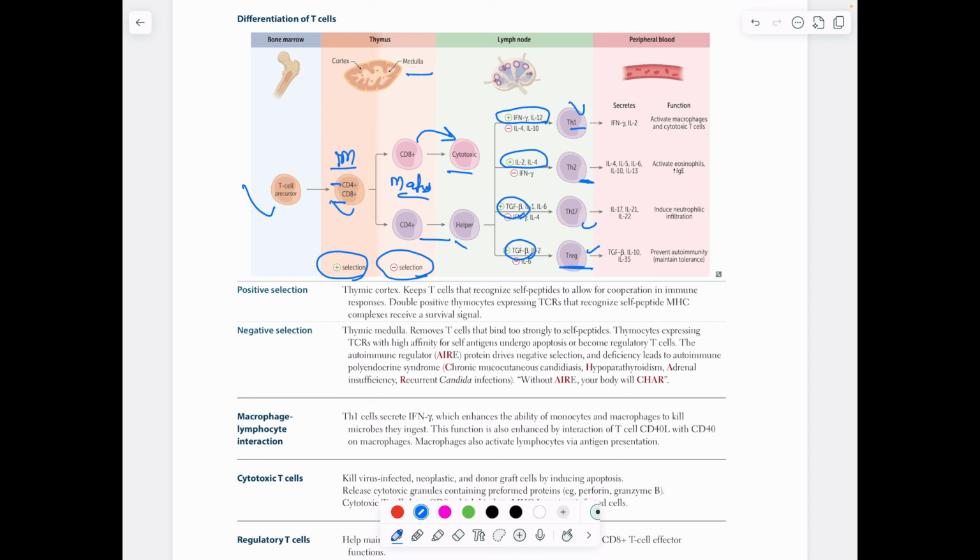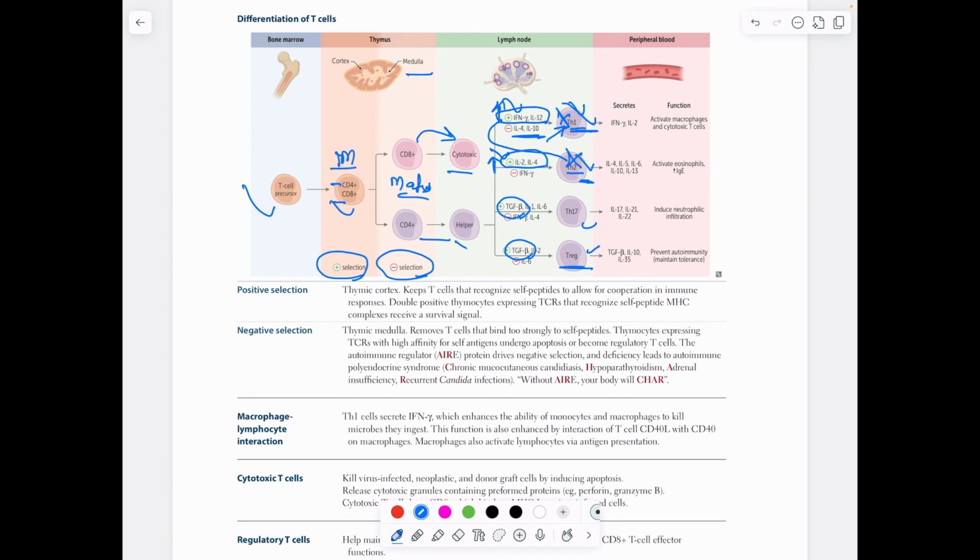But there is one thing more. When there is an increase in interleukin 2 and 4, that will stimulate the formation of T helper cell 2, but inhibit the formation of T helper cell 1. And when there is an increase in the concentration of interferon gamma and interleukin 12, then there will be formation of T helper cell 1, but it will inhibit T helper cell 2.